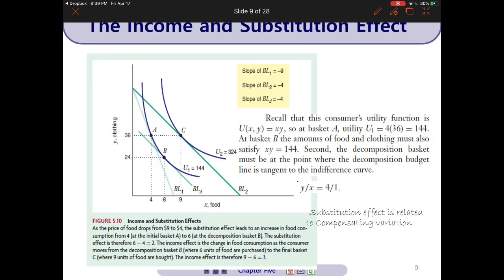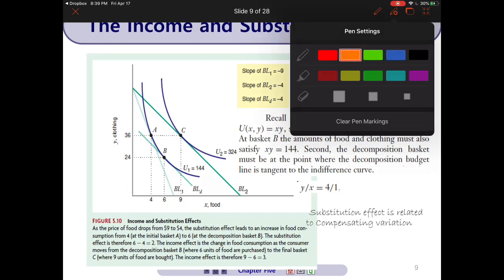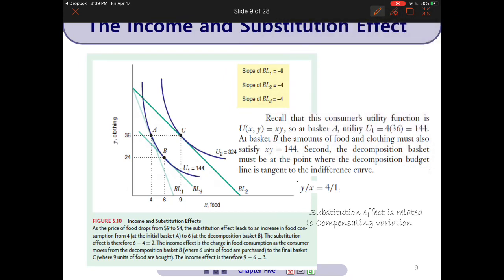So I'm resuming the explanation about the income and substitution effect, right? Let me take this one. We have three different baskets, as in the last class: basket A, B, and C. For basket A, the price of good X, which is food, was 9 at the beginning, but it drops from 9 to 4.